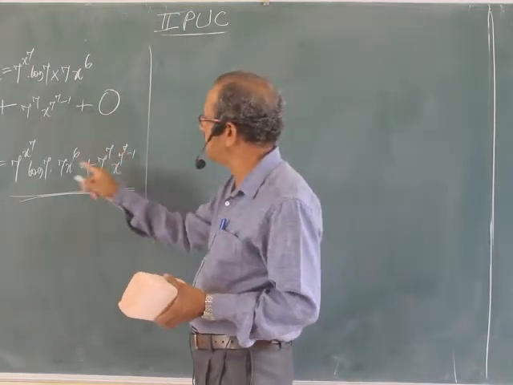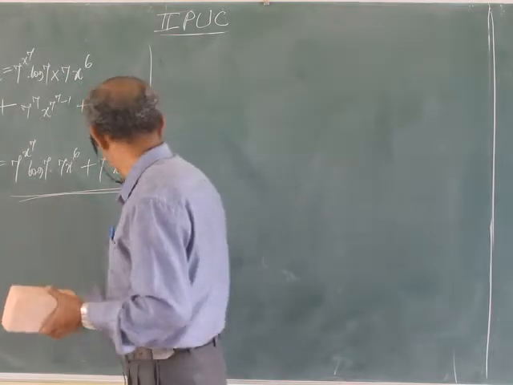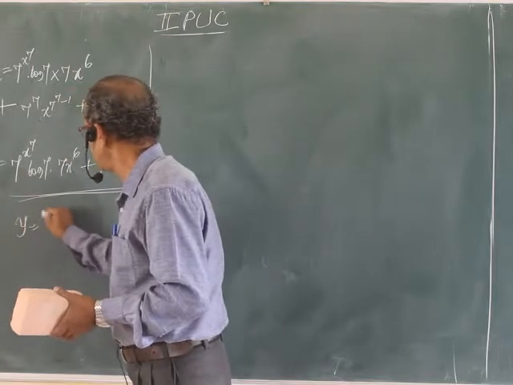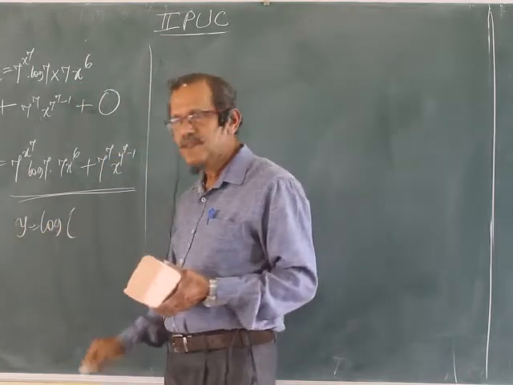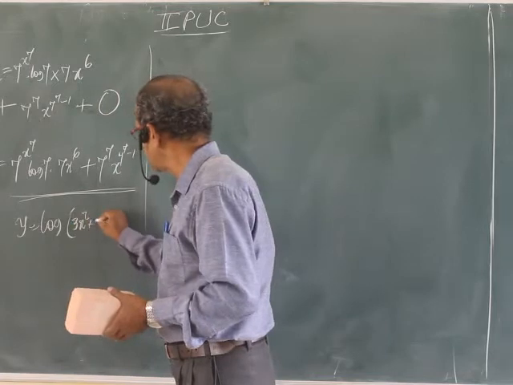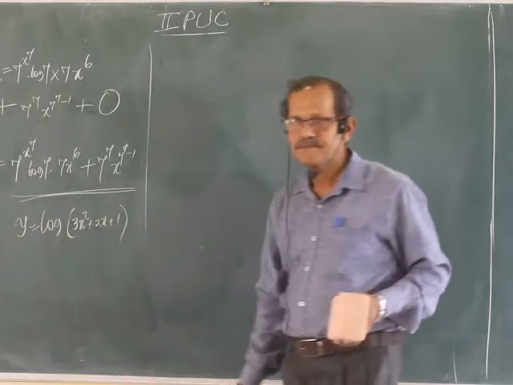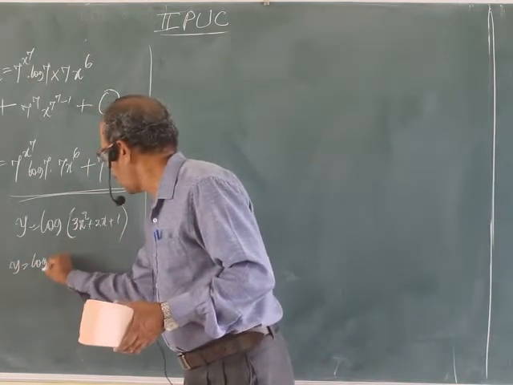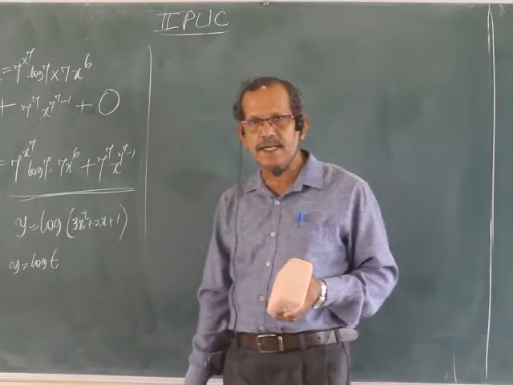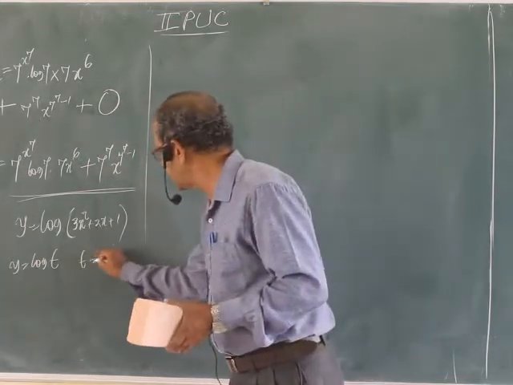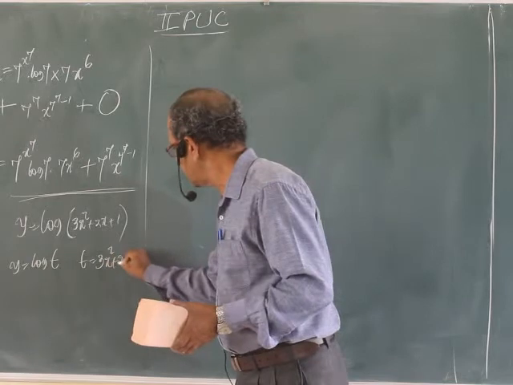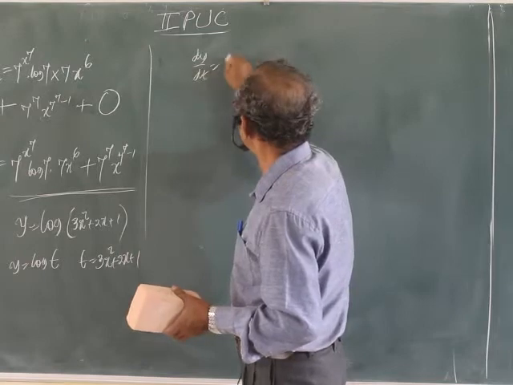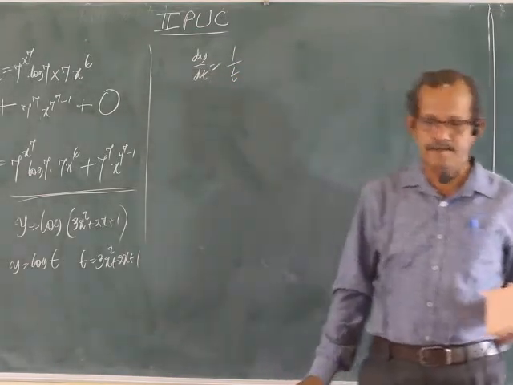After that, let me take 1 or 2 examples from whatever may be the number of problems. y equal to log of 3x square plus 2x plus 1. y equal to log of whatever it may be the function after that. t equal to 3x square plus 2x plus 1. dy by dt, derivative of log, always 1 by.